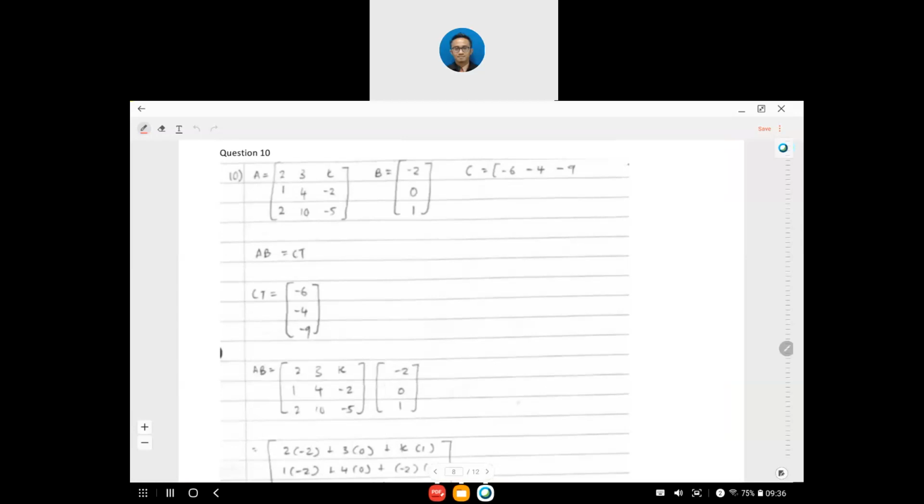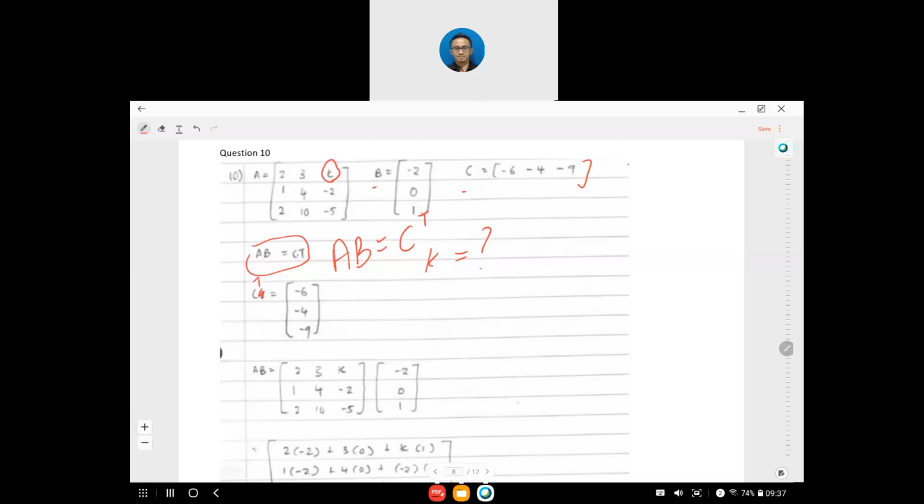Let A, you have matrix A, but involve K here, and then matrix B, and then matrix C. Find the value of constant K such that AB equal to C transpose. Not C dot T. C transpose, with the power T on top.